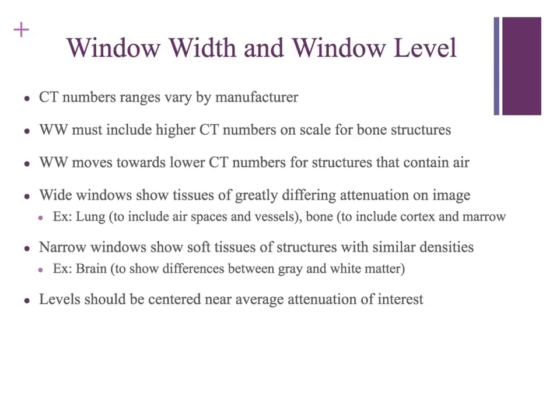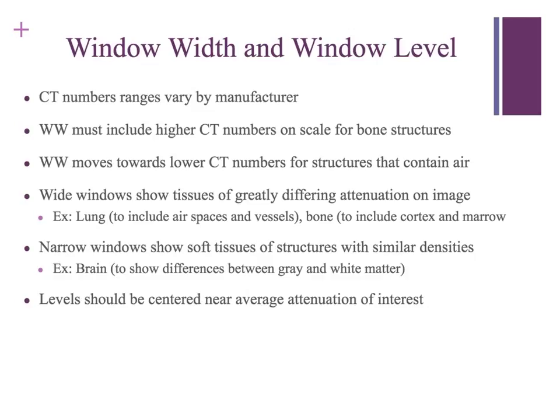CT number range varies among scanners. For bone structures, the window width must include the higher CT numbers on the scale, and for structures that include air, the window width moves toward the lower CT numbers on the scale. The window level can fall anywhere on the scale, depending on the structures of interest.